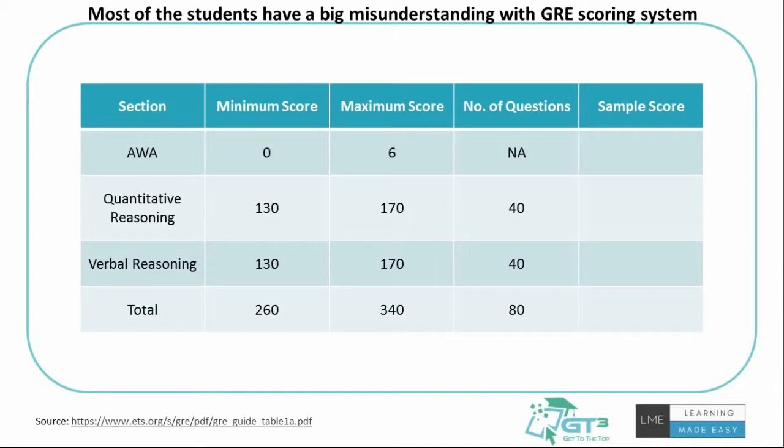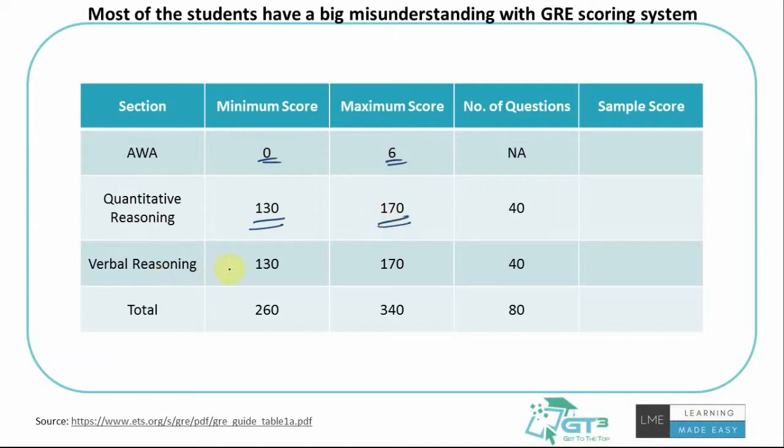Most of the students have a big misunderstanding with how the GRE scoring system works. So let's look at a basic thing first. The AWA section, the analytical writing section, is graded between 0 to 6. That's the minimum and the maximum score. The quantitative reasoning section, you will be getting as a minimum score 130 and the maximum one can get is 170.